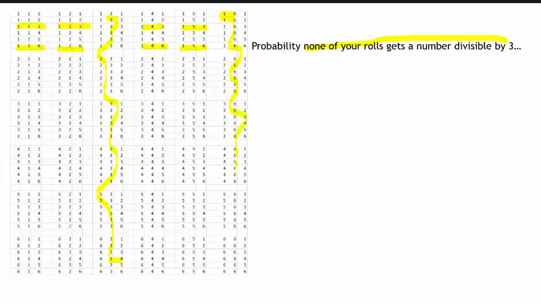Let's see if we can see a pattern. All of this is out, right? Because it's got a 3. And then all of this is out. And then some of these are out, some of these are out, and you're going to get that same pattern. Maybe you can count it with me.